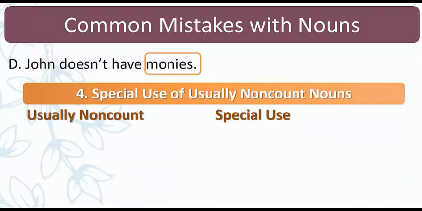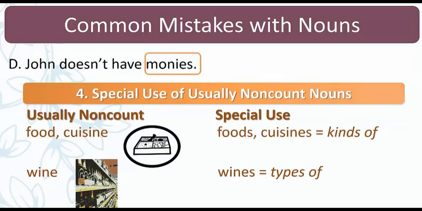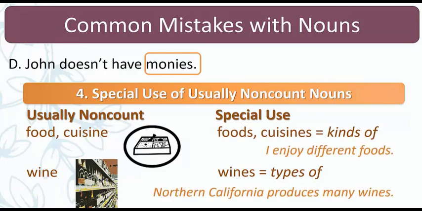We see similar special use with non-count nouns in the words food, cuisine, and wine. You might sometimes hear or see them as plural, meaning a kind or type of. For example, "I enjoy different foods from all over," or "Northern California is known for its many wines."